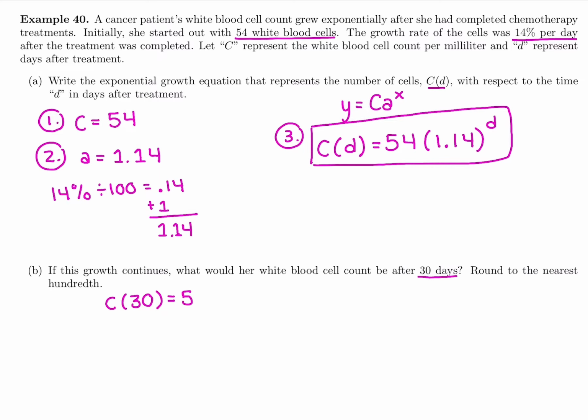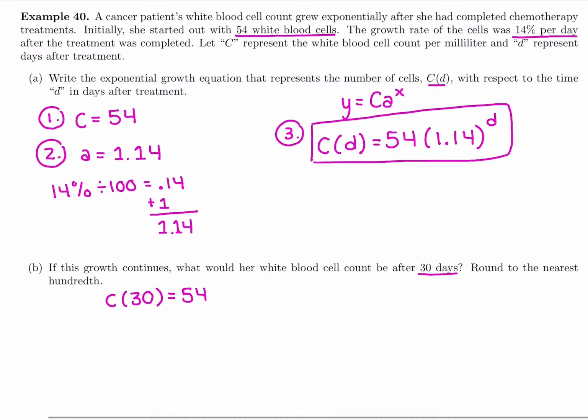So we're going to plug in 30 for D and just grab our calculator, do 54 times 1.14 and raise it to the 30 power using the caret button on the calculator above the divide symbol. Her white blood cell count started at 54 but is growing by 14%, or a factor of 1.14.